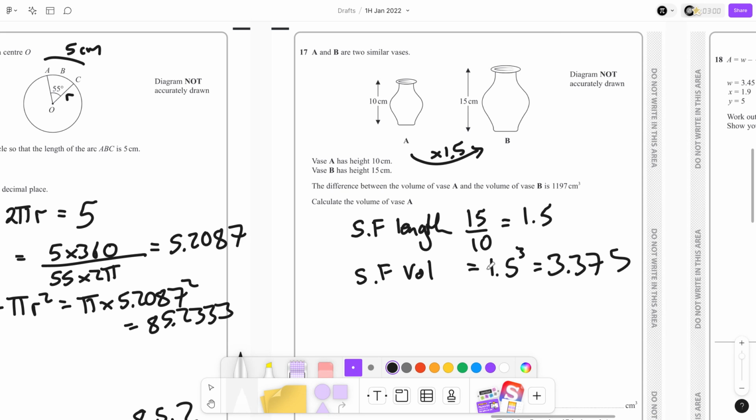Now, this one we don't have either of those two volumes, otherwise we could just use that scale factor.